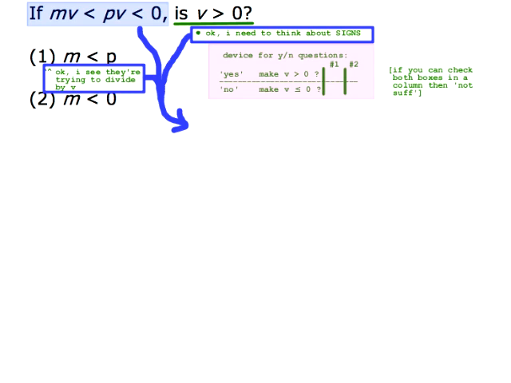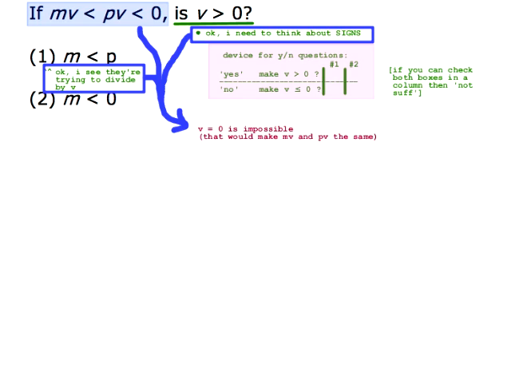if we do that. So if we try to divide by v, there's going to be two cases here. V can't be 0, because then you can't have mv and pv be different numbers. That would make mv and pv the same because they'd both be 0. So we still have to consider the two cases.